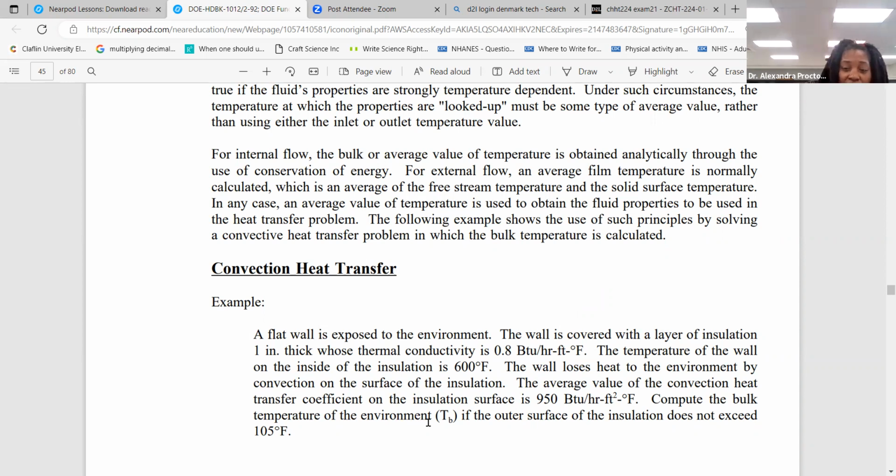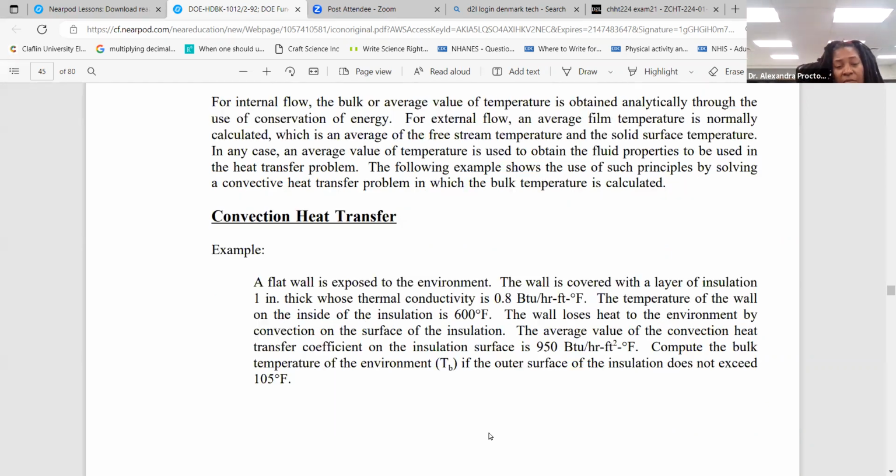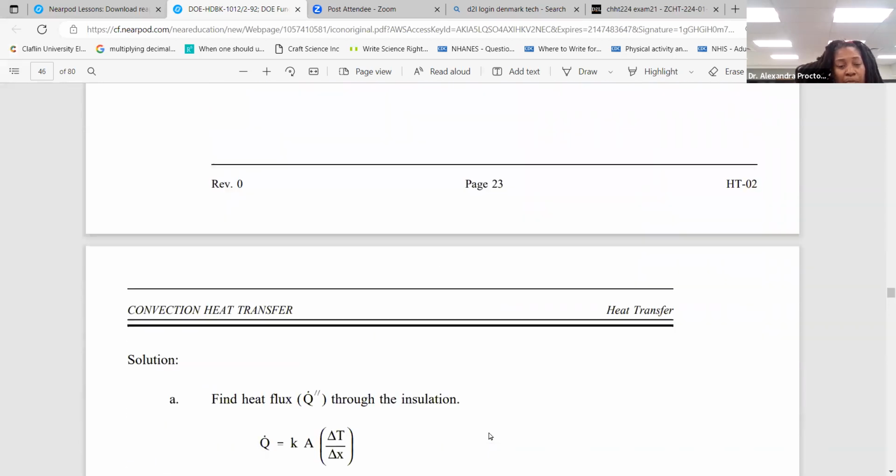The average value of the convection heat transfer coefficient on the insulation surface is 950 BTU per hour square foot degree Fahrenheit. They're asking to calculate the bulk temperature of the environment, TB, if the outer surface of the insulation does not exceed 105 degrees Fahrenheit.